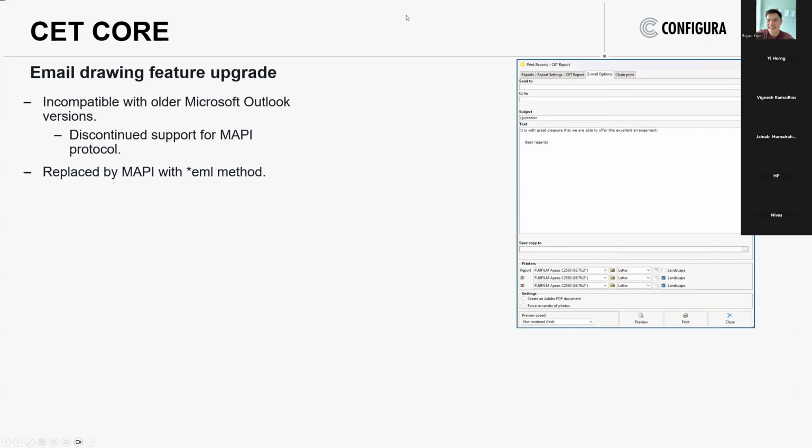Now, I don't really have a manufacturer screenshot of how it looks like, but this is a sample that I've taken from print reports. Manufacturers might have a button in their extension toolbox that directs them to a dialog, which allows them to send an email to the other parties. And this is how it looks like in the core print reports dialog.